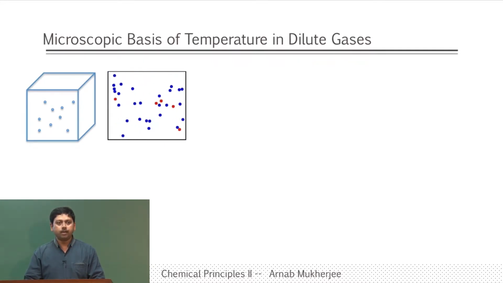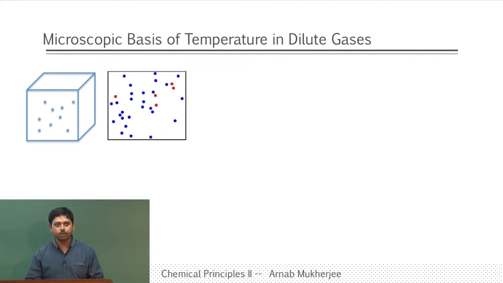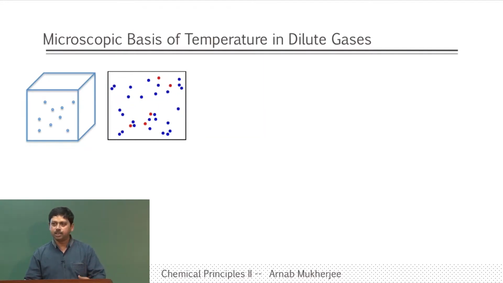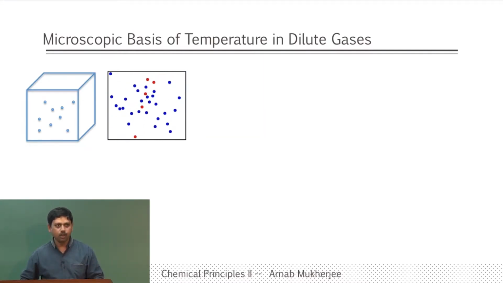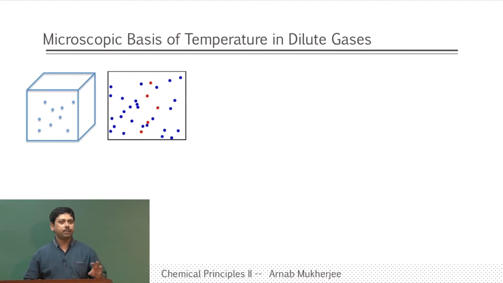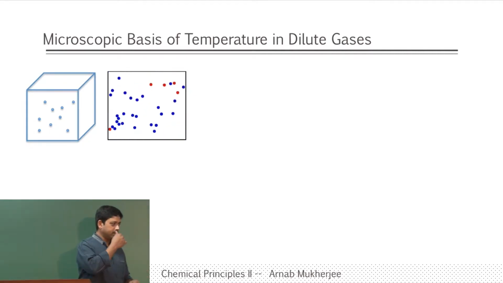Now, we cannot really see a gas molecule, because they are too tiny for us to see. However, we can mimic the situation with something similar. We have a demonstration set up to mimic a situation in which gas-like random particles move around. So, we are going to show that.